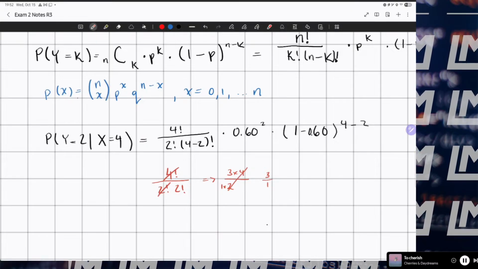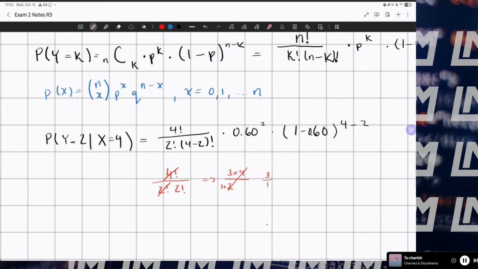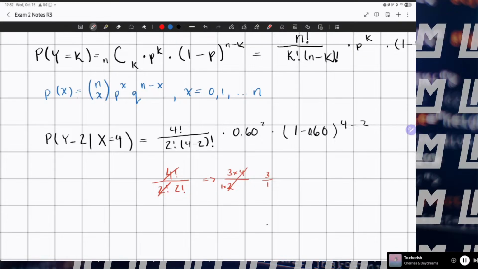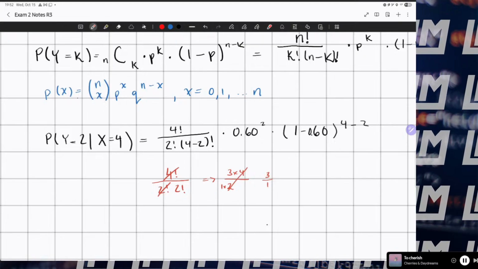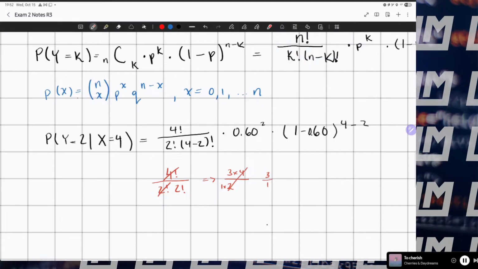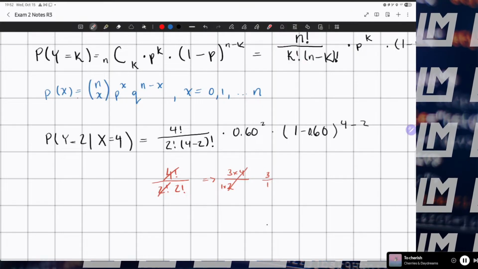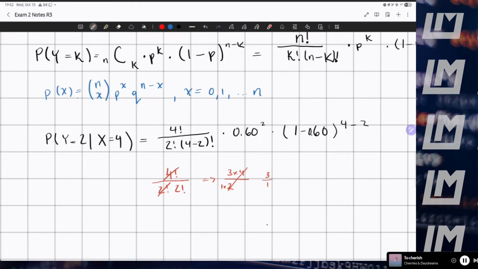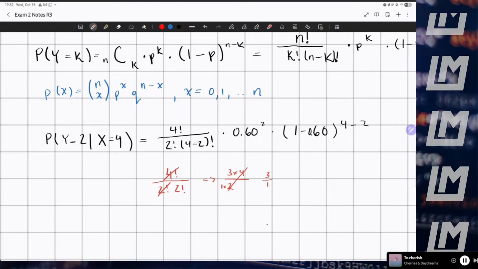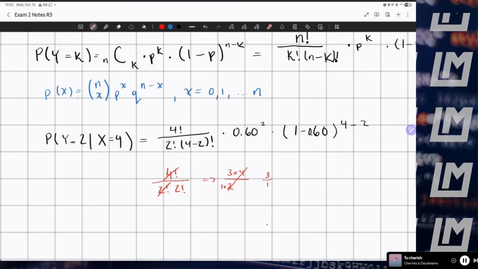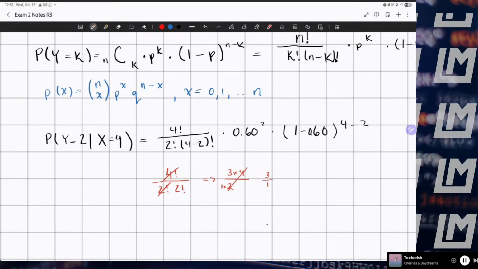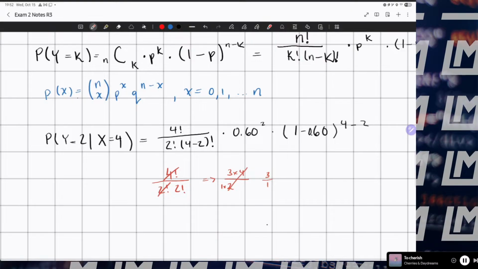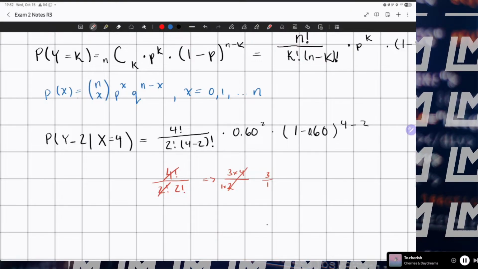But that's not what I'm getting. If I plug it into the calculator, 4 factorial over 2 factorial times parentheses 4 minus 2 factorial, I get 6.